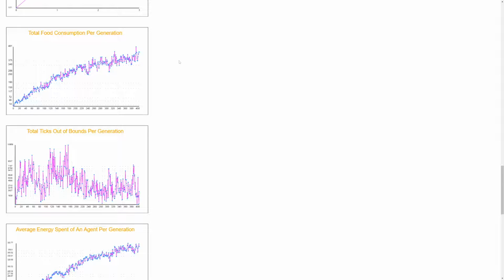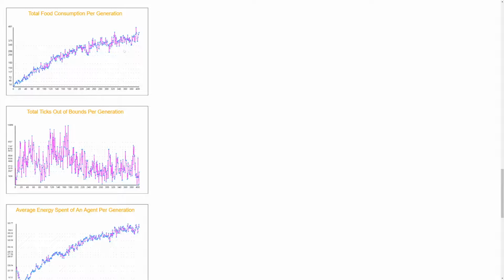But it is still seemingly climbing at generation 400. An interesting thing now is maybe it's harder to optimize food per tick. I have seen some really interesting runs where agents, both from luck of the random draw, but also just good driving, have been able to eat 6, 7, 8 pieces of food in one run.